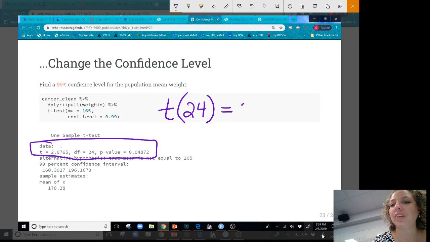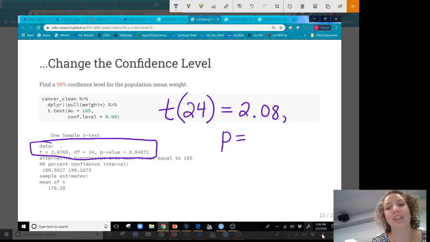Equals 2.077, or if we're going to do 2 decimal places, 2.08, and then comma, P equals, do I put the 0 in front of the decimal? Nope. .049. Now, it is also frequently done that you'd put the confidence interval in there.